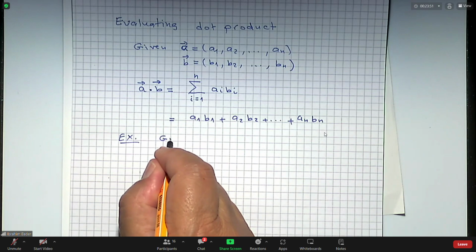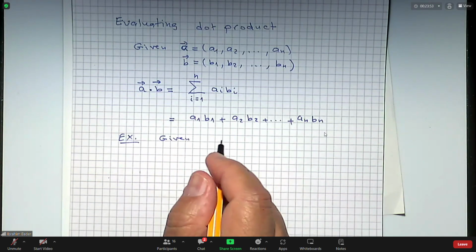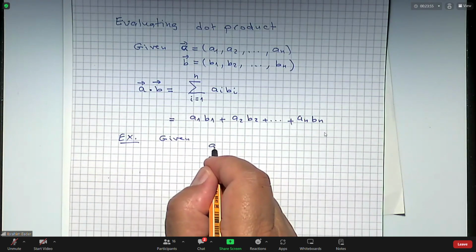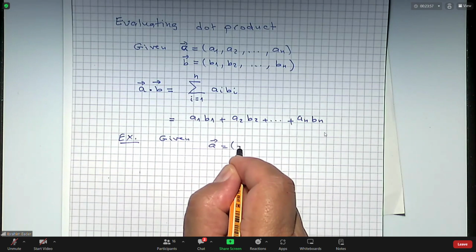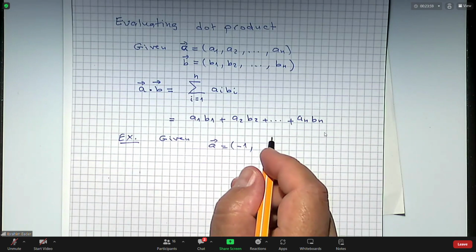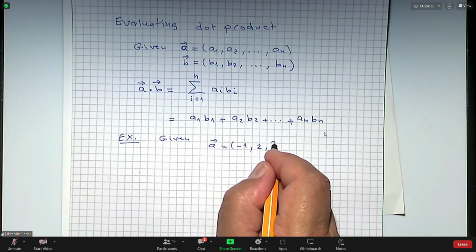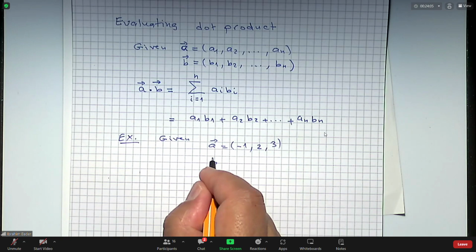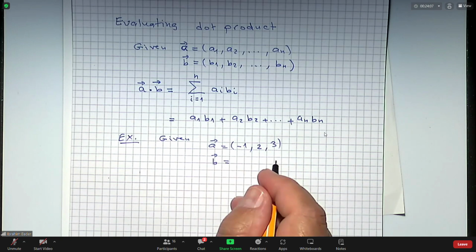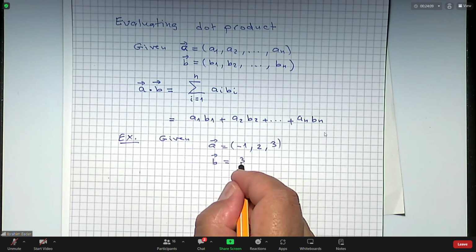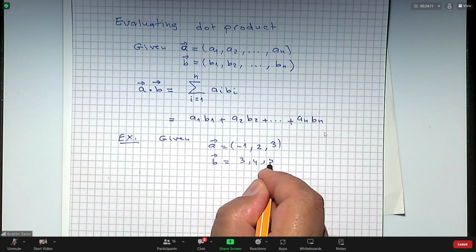So given the vectors, let's say A equals -1, 2, 3, in the worksheet it's written with i, j, and k, and B equals 3, 4, and 5.